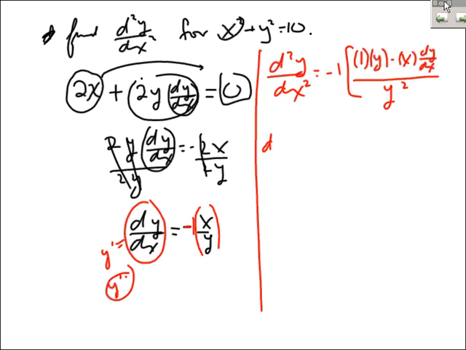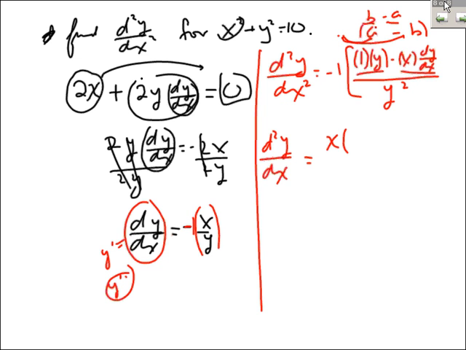So we have the second derivative with respect to x is equal to. Now, when you have a difference like a minus b, when you put a minus in front, you get b minus a. Minus a is right there, and minus negative b is plus b. That is, it's really this minus that. It's x times dy/dx.